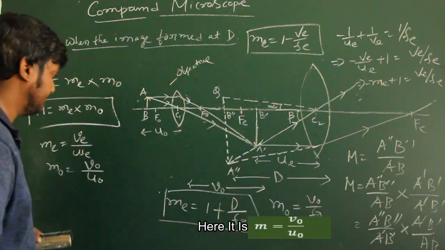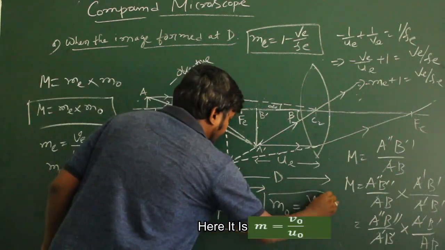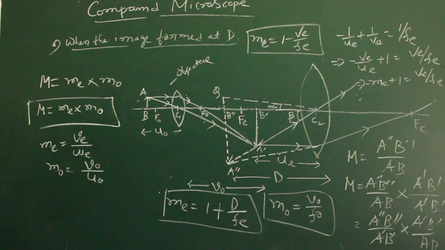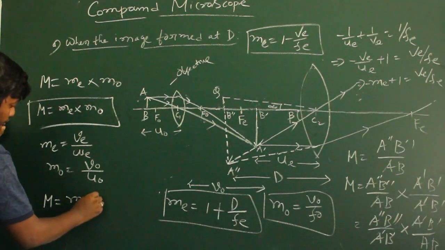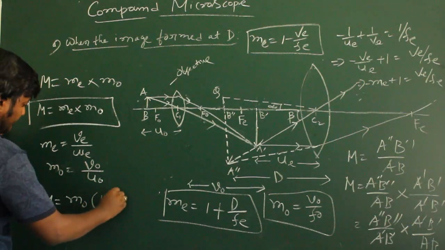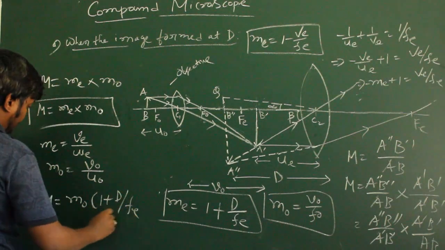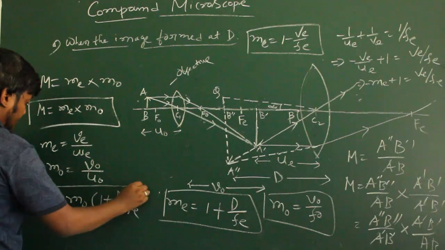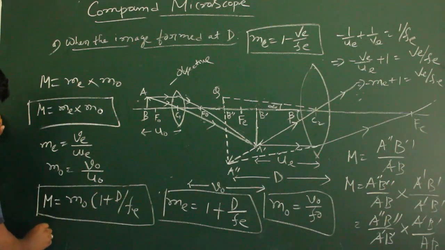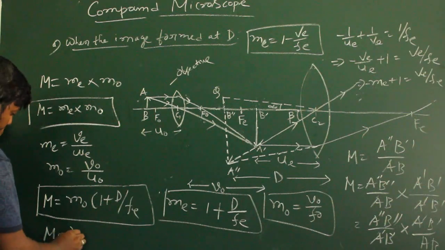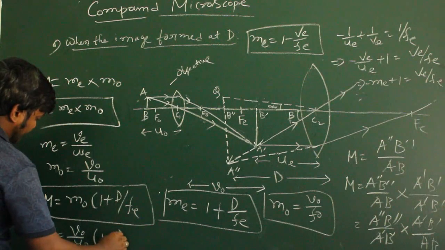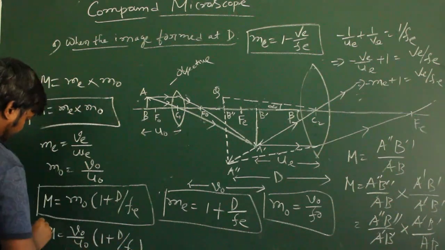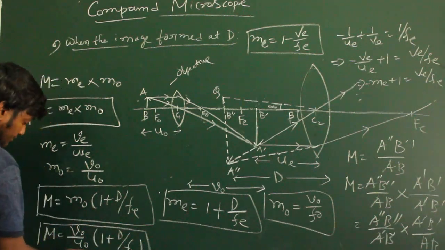So what will be M? If we put the values, M equals M naught into 1 plus D by FE, or you can write M equals V naught by U naught into 1 plus D by FE.